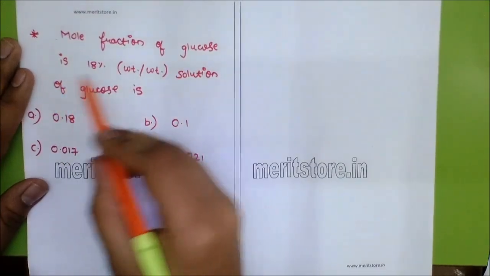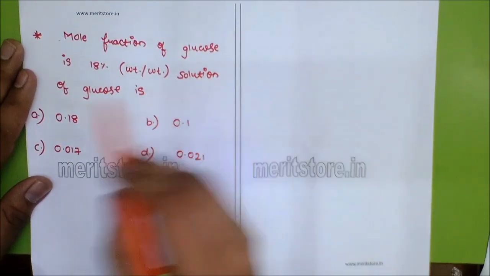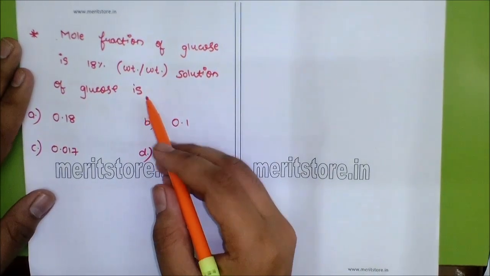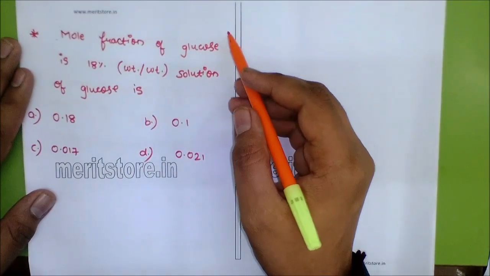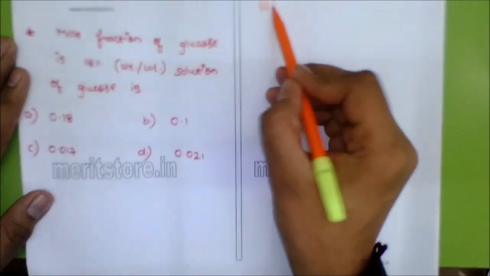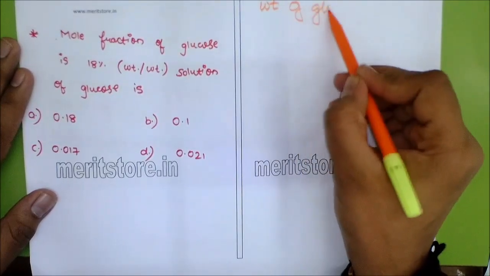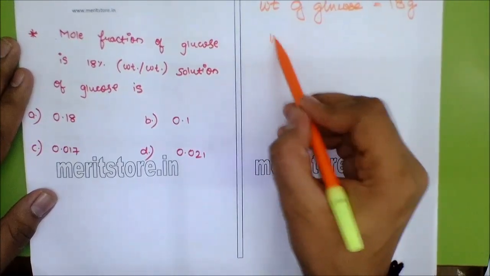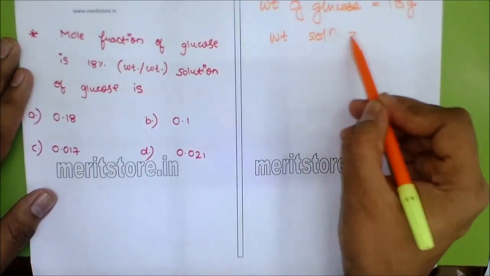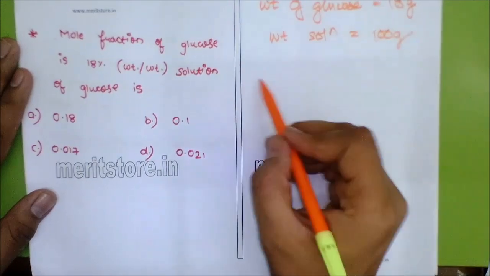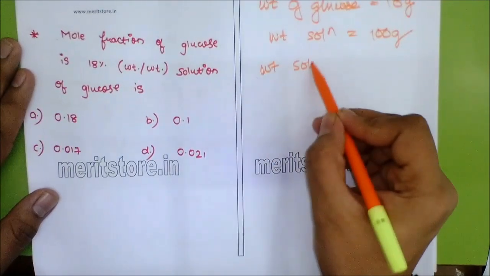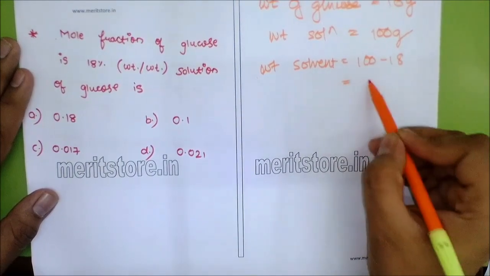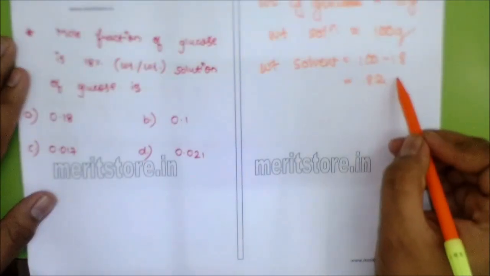Mole fraction of glucose in an 18% weight by weight solution of glucose is. Now we know weight of glucose in this question is 18 gram. Weight of solution is 100 gram. Weight of solvent will be 100 minus 18, which is equal to 82 gram.